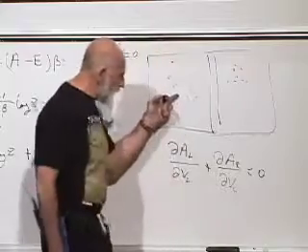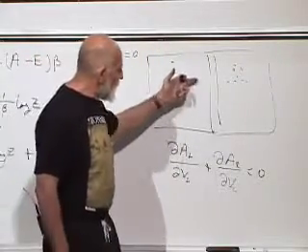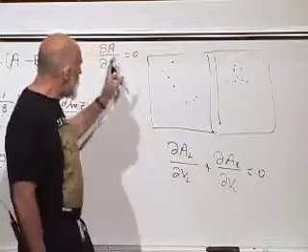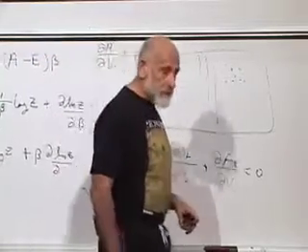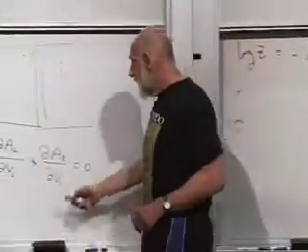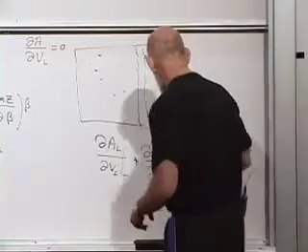We would just put this on the other side, and then the free energies add. Free energy on the left plus the free energy on the right is minimized. Now, that's at constant temperature. Remember, these things are derivatives at constant temperature.